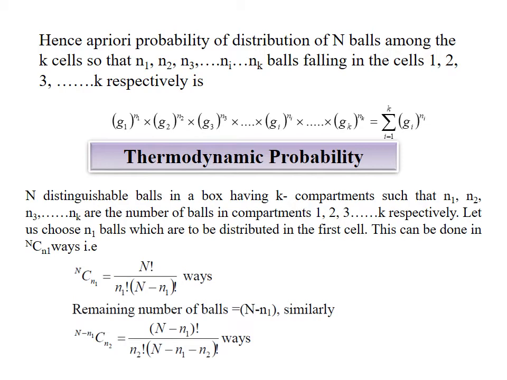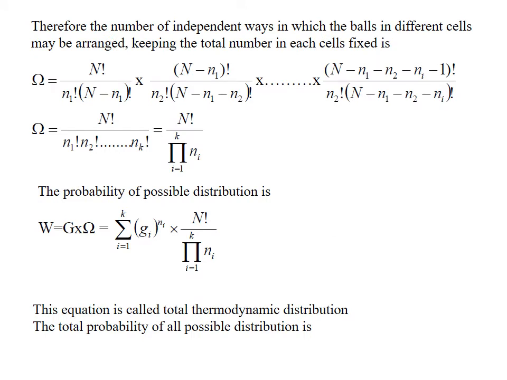Similarly, if the n particles are to be distributed over a number of cells, then the thermodynamic probability can be written as n factorial divided by n1 factorial, (n minus n1) factorial into (n minus n1) factorial divided by n2 factorial into (n minus n1 minus n2) factorial, and so on.